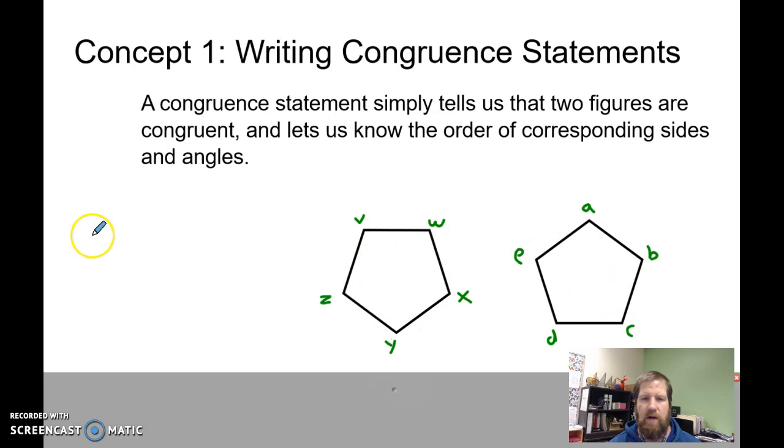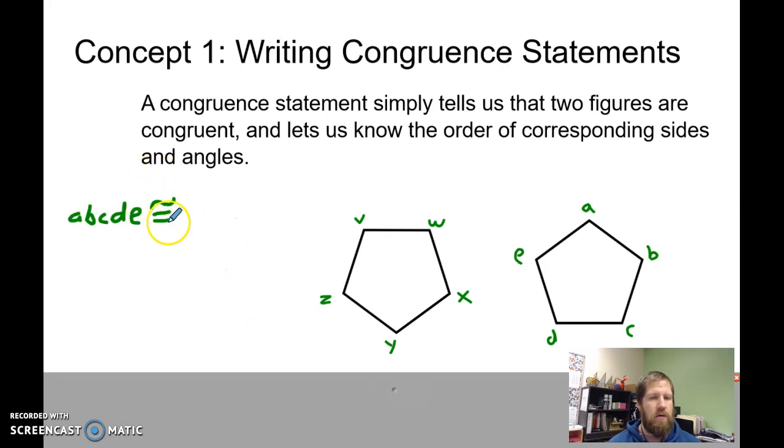To do that, we'll start with this figure. We've got our pentagon A, B, C, D, E, and we're going to list it going around from one angle to the next. Then we're going to say that it's congruent, and the way we do that is with an equal sign with a little squiggly mark on the top of it.